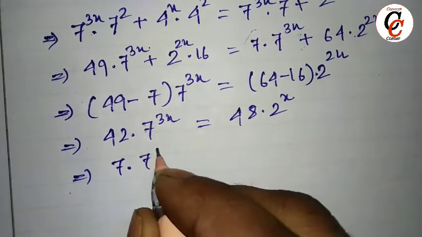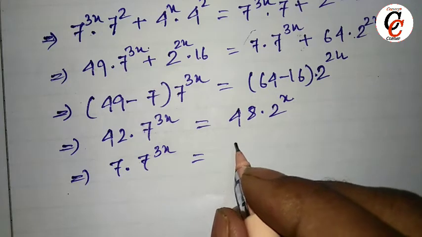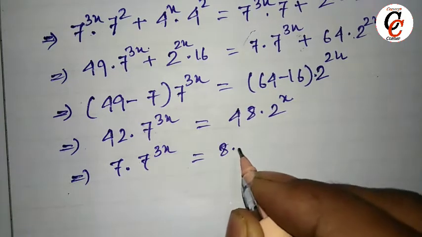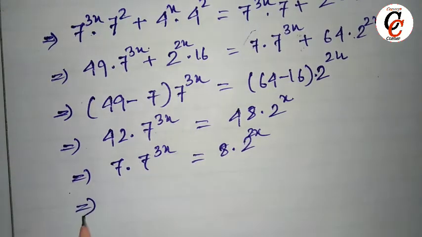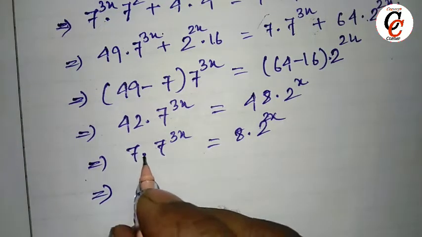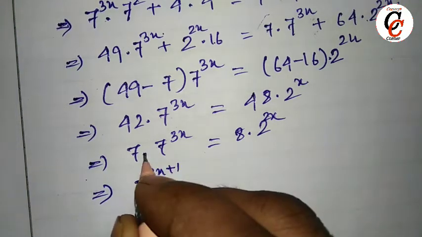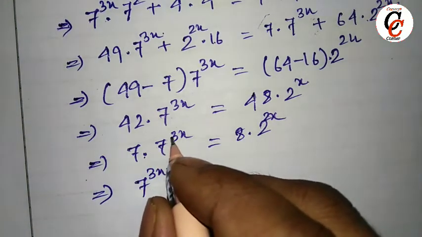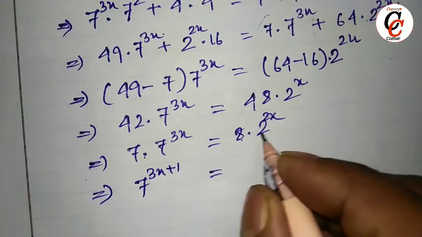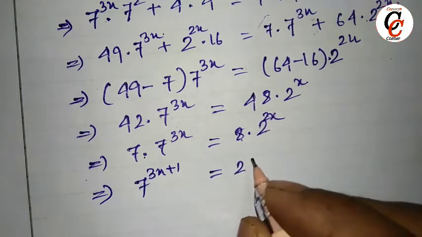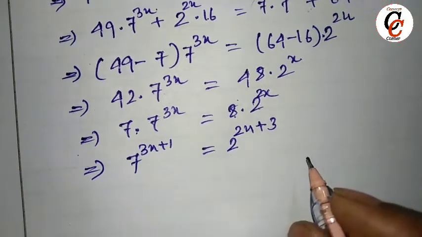Again see, 42 can be divided by 6, and 48 can also be divided by 6. So if we divide both sides by 6, then we will get 7 into 7 to the power 3x equal to 8 into 2 to the power 2x, since 6 sevens are 42 and 6 eights are 48. Now 7 into 7 to the power 3x can be written as 7 to the power 3x plus 1.